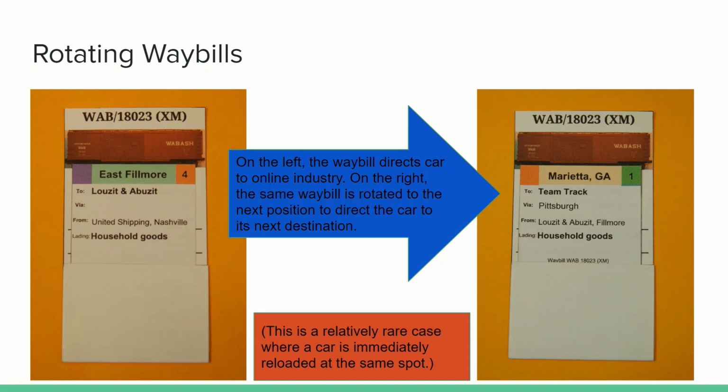So in between sessions, if that has arrived at its destination, at lose it and abuse it, it would then be rotated to the next one, which in this case takes you back to the first one, where you see the 1 in the upper right hand corner on the right hand side. And you can see that now it's coming from lose it and abuse it, and it's heading to a team track in Pittsburgh.